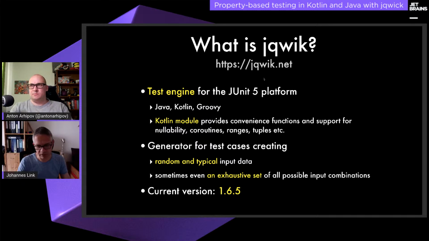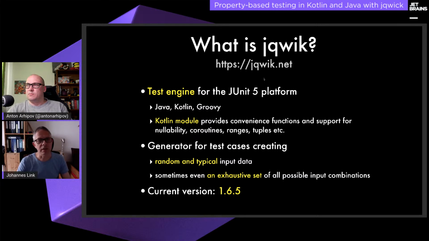Before JUnit 5, all the other test frameworks, like the old Spock or whatever you used, somehow hacked into the JUnit 4 jar and tried to abuse it and the IDEs to do what they wanted. With JUnit 5, there is actually a service provider interface.